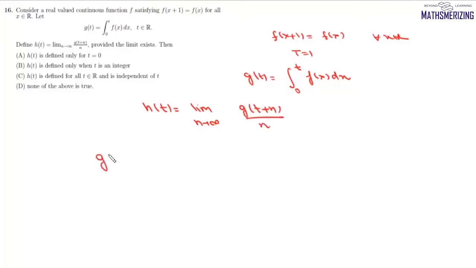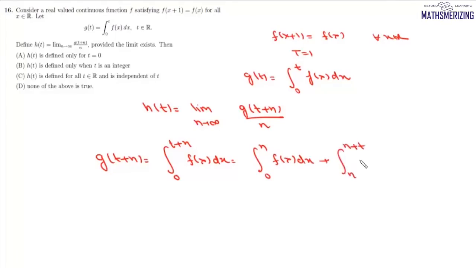Now if we look at g t plus n, it will be nothing but the integral from 0 to t plus n fx dx. Now we can write this as this integral from 0 to n fx dx plus n to n plus t fx dx.